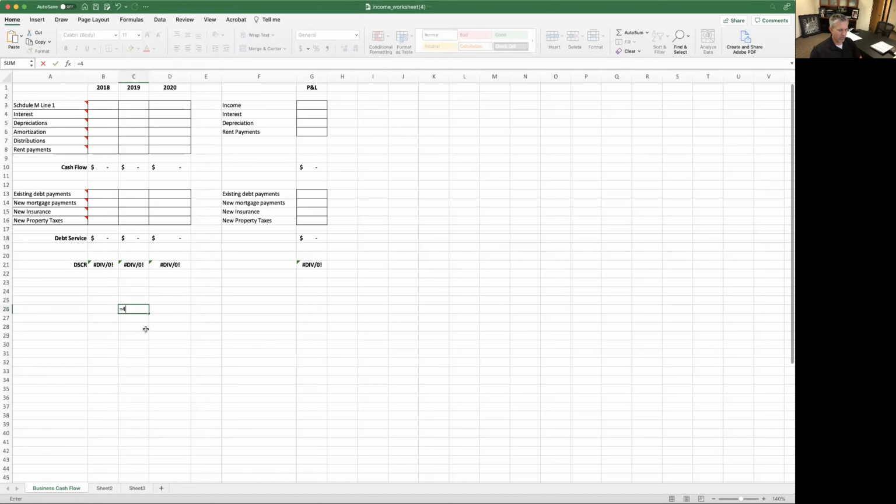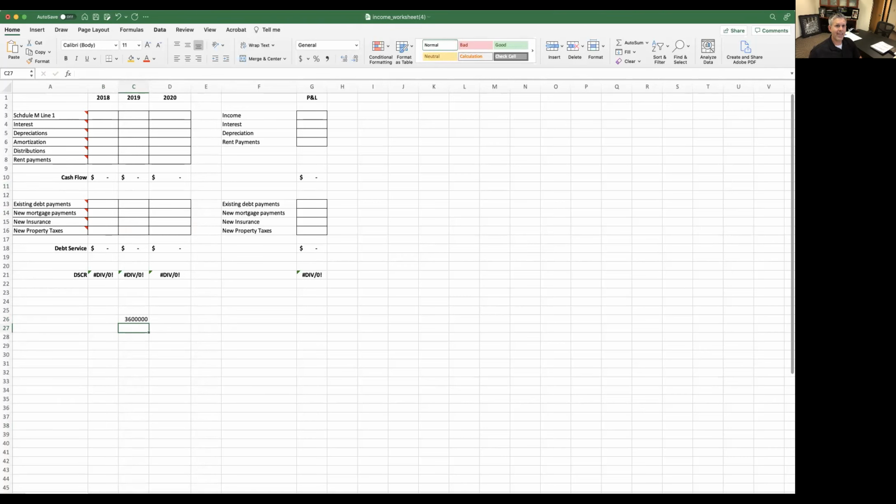So if you look at 4 million times 0.9, that's a $3,600,000 loan. You need to first take that into consideration when you're looking at it, just to make sure that that is understood.